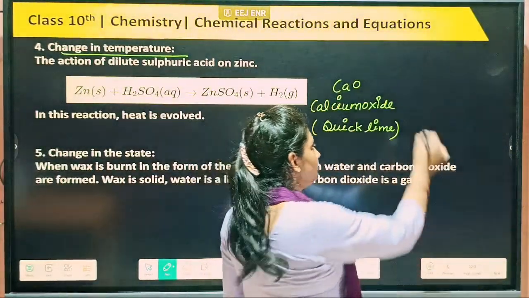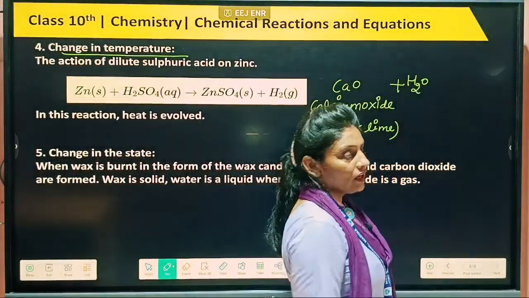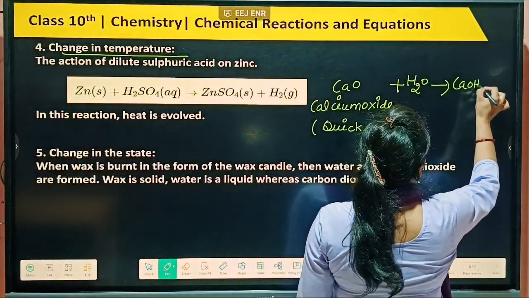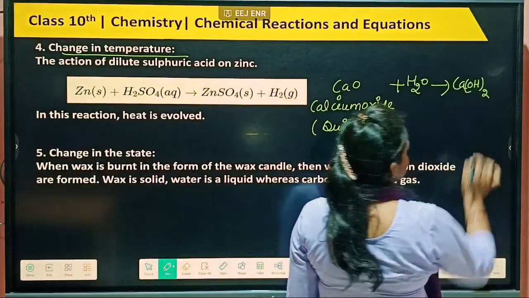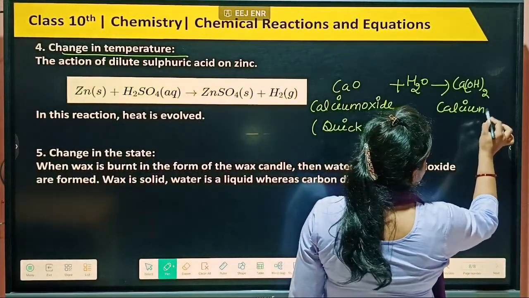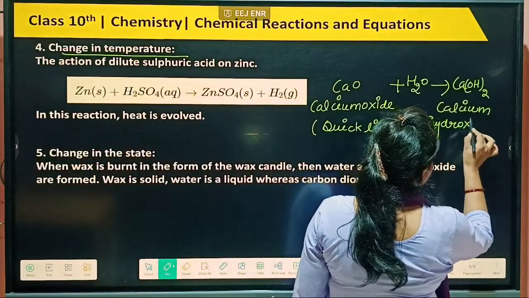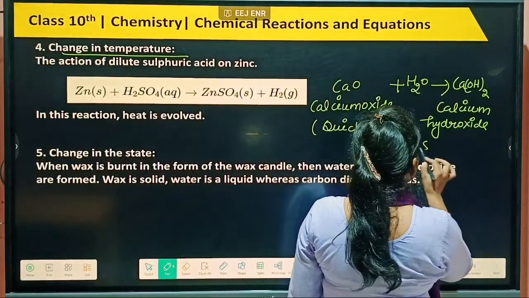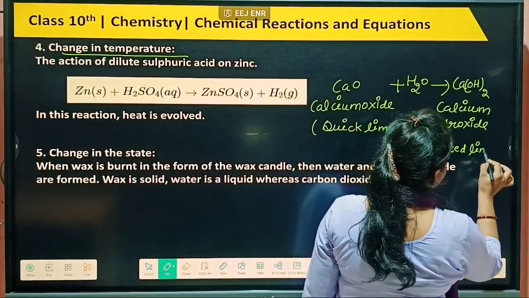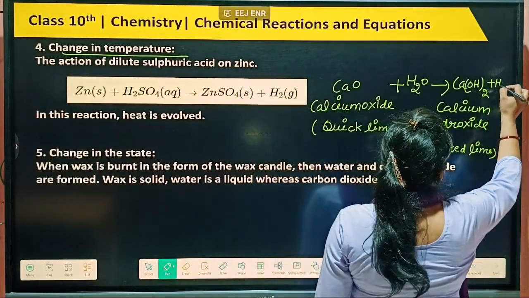If you add some water into this, then it converts into Ca(OH)2, calcium hydroxide. This one is slaked lime. Plus production of heat takes place here.